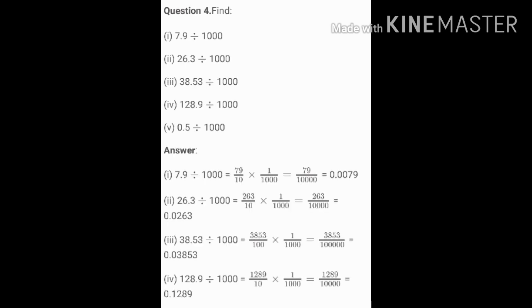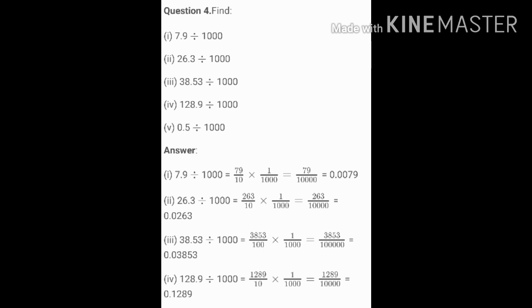Next question. Find. Now here we have to divide by 1000. First part is 7.9 divided by 1000. Again we are going to follow the same rule. 79 upon 10. Why we have written 79 upon 10? Because there was one decimal place and we converted 7.9 into a fraction.